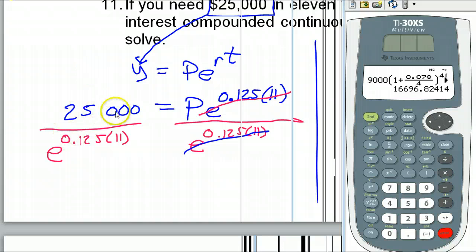Okay, so I've got 25,000 over e to the 0.125 times 11. So I need $6,320.99.